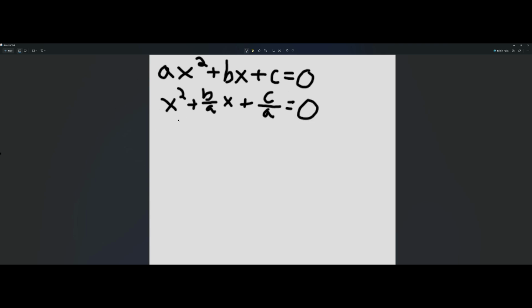Now we can actually complete the square because the coefficient attached to our x squared is now 1, which means this is doable.